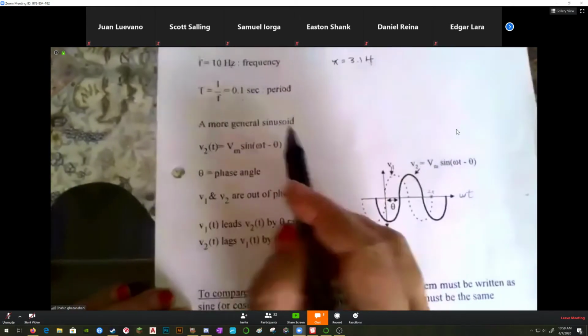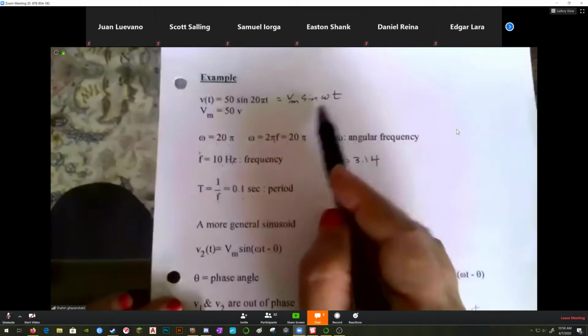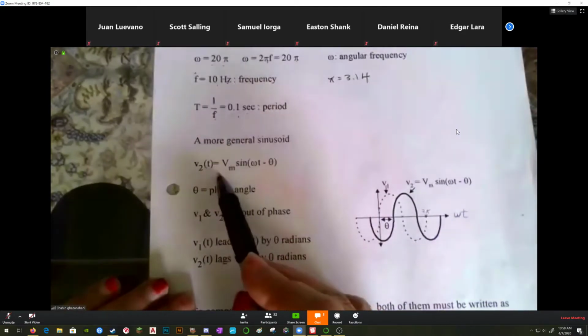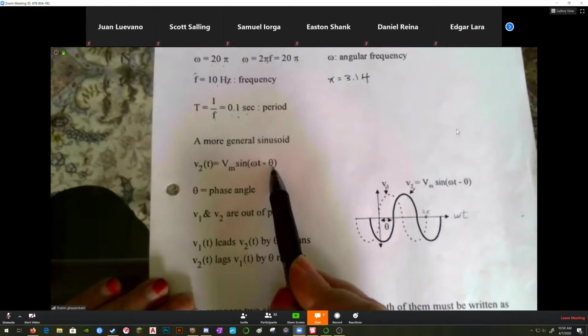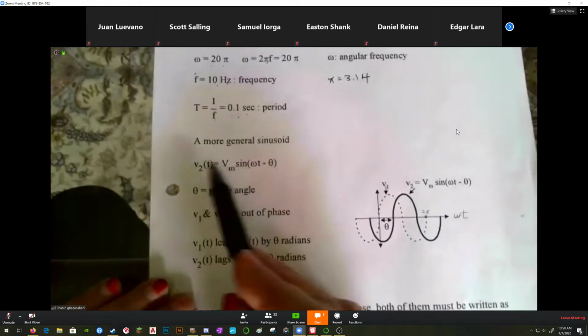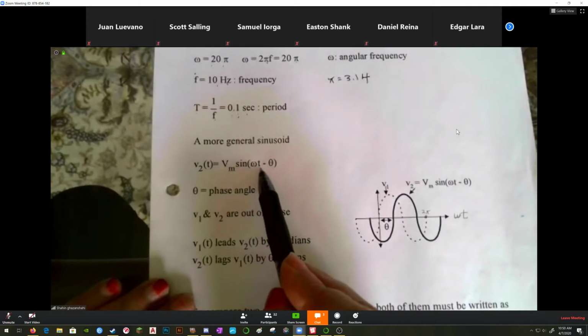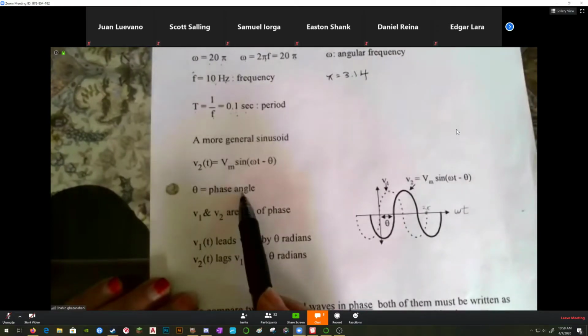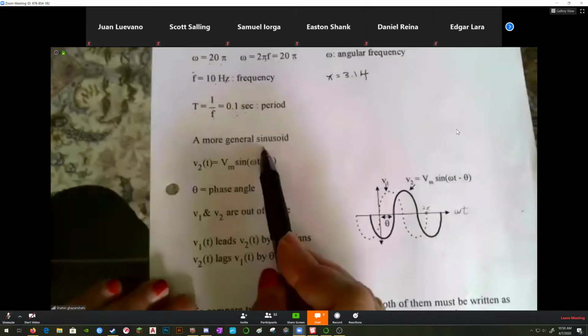But in general, the phase angle here is 0. In general, you may have a phase angle. You have a signal like V2, Vm sine omega t minus theta. The theta here is called the phase angle of V2, okay?